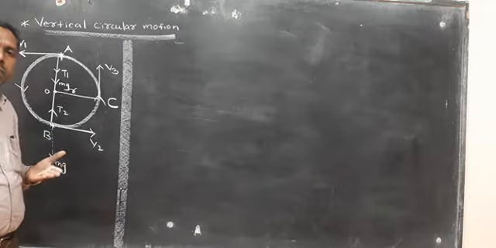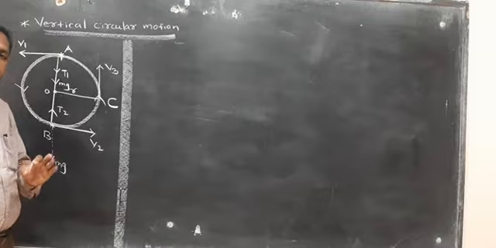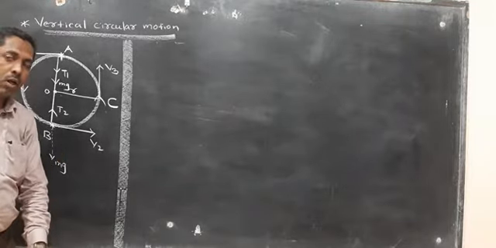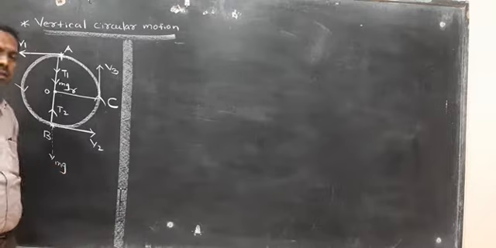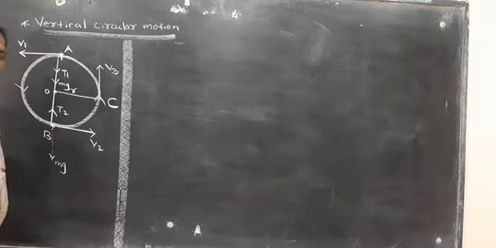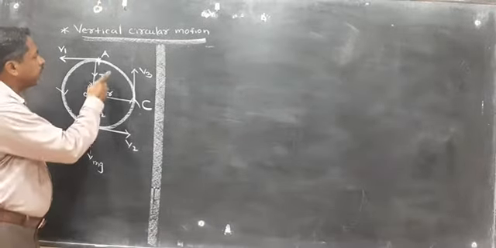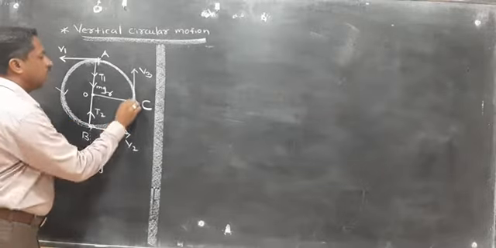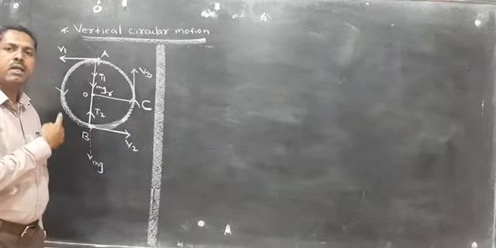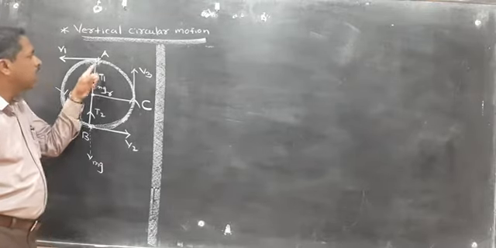In vertical circular motion, what happens about the tension generated by the object on the string? What are the velocities that we discuss? Let us consider that the object is performing vertical circular motion.